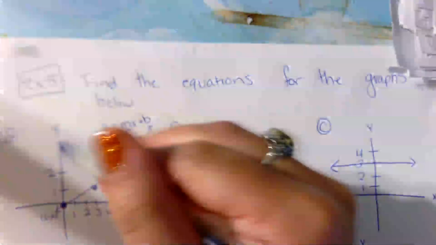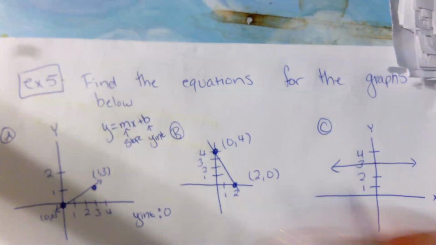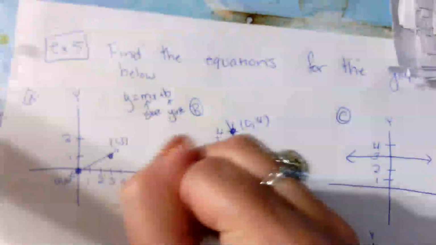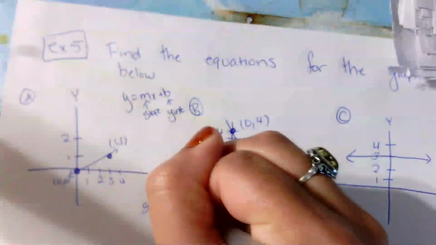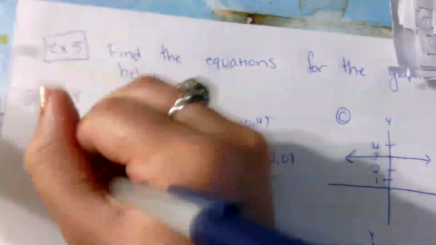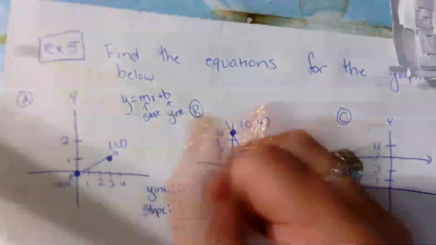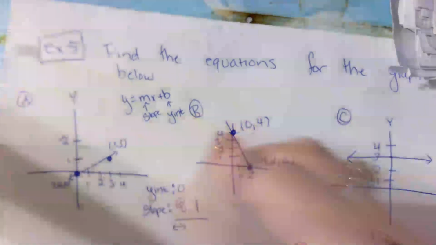Here, my y-intercept is where I cross my y-axis. The line crosses my y-axis at 0. And my slope is my change in y over change in x. So up or down versus left or right. Here, to get from this point to this point, I went up 1, and it's positive, so I keep it positive.